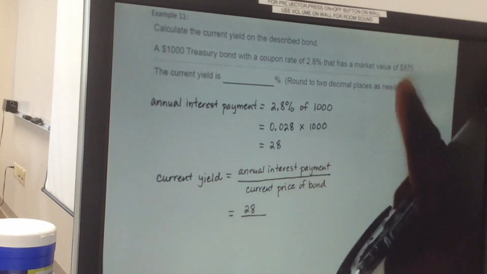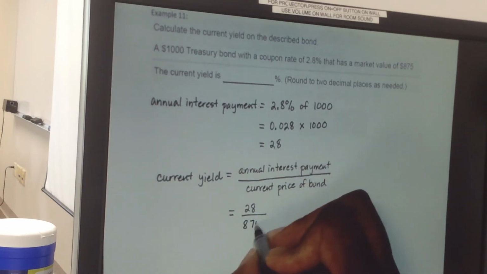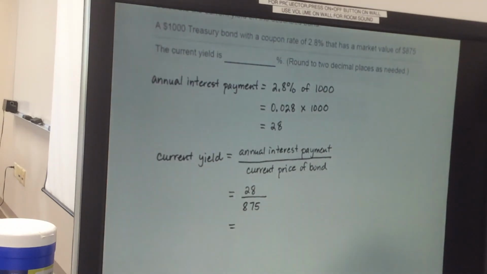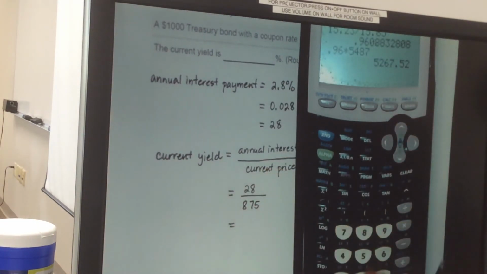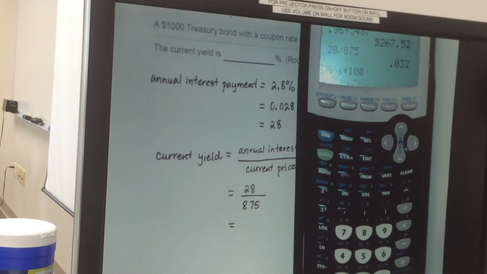Divide that by the current price of the bond, which is your market value, $875. Now they want that answer as a percent. So let's do 28 divided by 875. That's your decimal. They want it as a percent, so we have to do times 100.